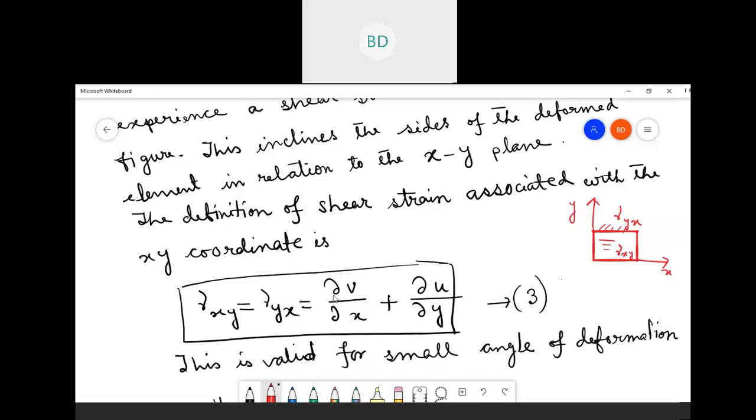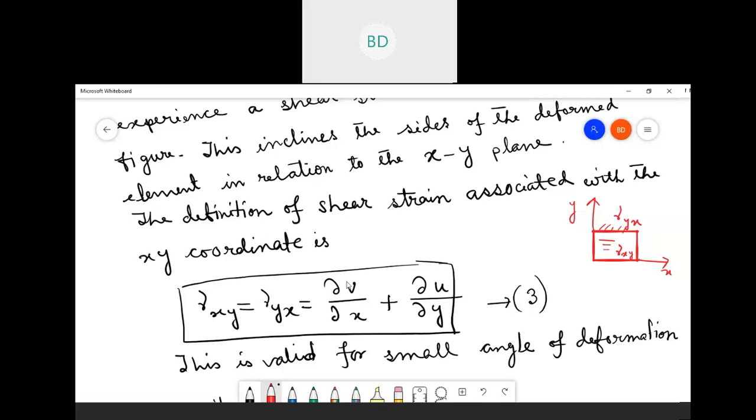Okay, so now you can ask me why it is partial differentiation. Partial differentiation is there if there is more than one degree of freedom or more than one direction, then it will always be partial differentiation. But if only one directional deformation is there, suppose in x direction only, then you would have written dv dx, not del v del x.